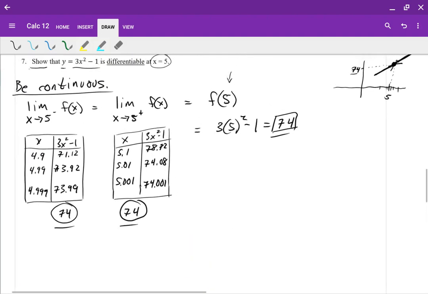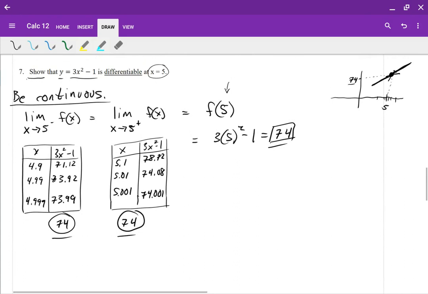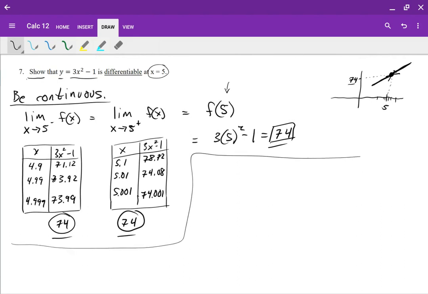Now, in order for it to be differentiable, the limit of the derivative must exist. So we've concluded that these three are all equal to 74, and therefore f of x is continuous at x equals 5, right? Now the question is, is it differentiable? Because that's what we're trying to figure out.